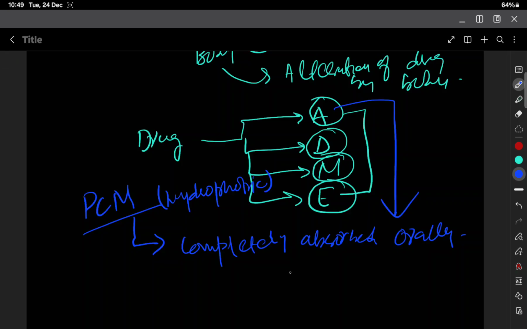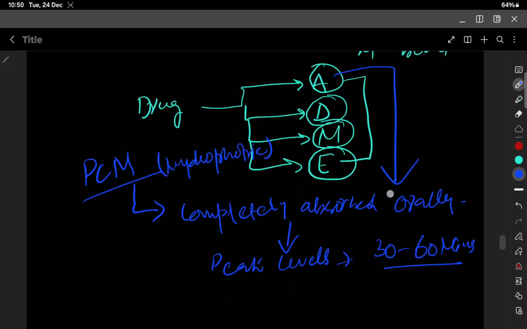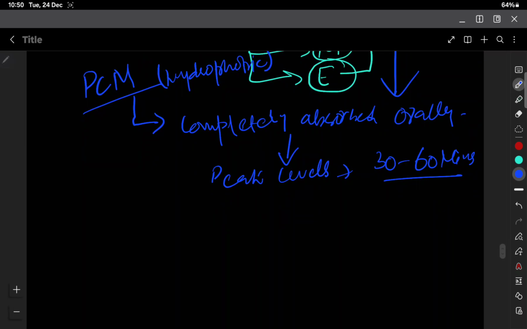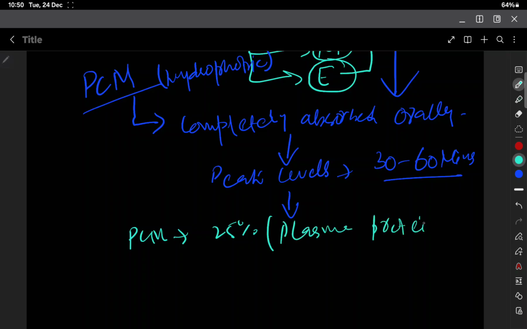Then after that, peak levels of this paracetamol. These peak levels are obtained after 30 to 60 minutes. After 30 to 60 minutes, there will be peak levels of paracetamol present in the blood. And this paracetamol, PCM, almost 25% will be bound to plasma proteins, for example albumin, generally serum albumin.